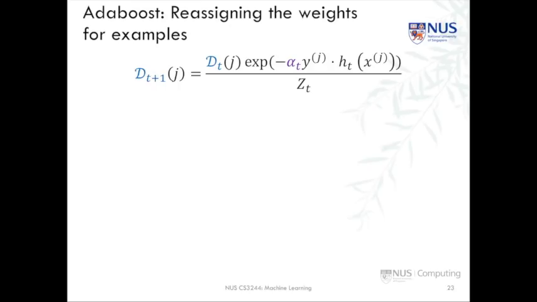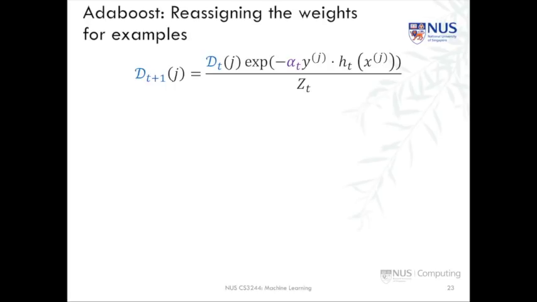So what AdaBoost does is reassign the weights, for example, by looking at the current set of weights for the dataset at time t and reassigning weights to them for the dataset at t plus 1. We're going to do that by examining how the particular classifier at iteration t gets or doesn't get a particular example right.